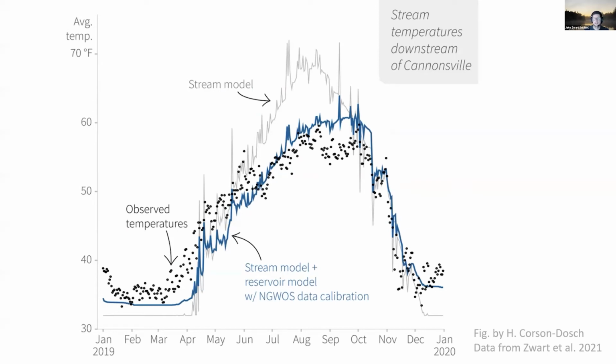But this new process-based model that we're pre-training the deep learning model on, so this blue line, has quite a bit better connection to the observations than just using the stream temperature model alone. So we're using this process-based model output to pre-train the deep learning model, and we're going to continue to use this process-guided deep learning model to make predictions in the stream network.